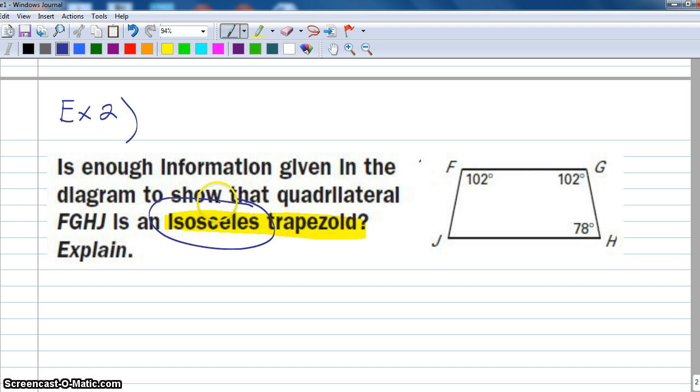Well, isosceles trapezoid means that 2 base angles have to be exactly the same. 102, 102. It's the top, but yes, it's still the base if you flip it over. So 102 degrees means that FJ is congruent to GH. So yes, is there enough information? Yes, there is.